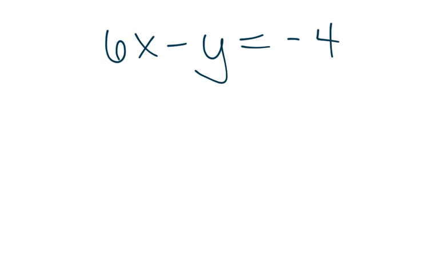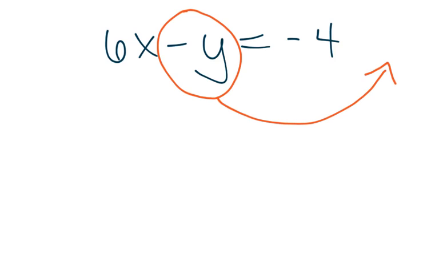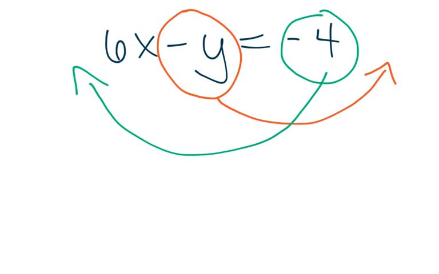I think the easiest thing to do is to move the y over here and move the -4 over here. And I think that's what I'm going to do. If you remember that trick I showed you, if you move something from one side of the equation to the other, what really happens is it just changes its sign.